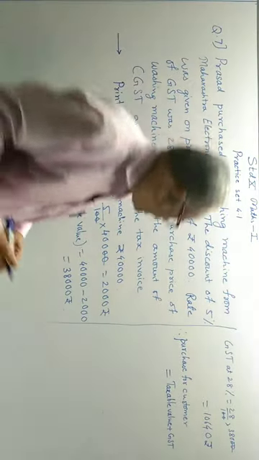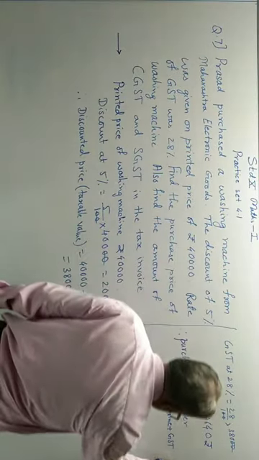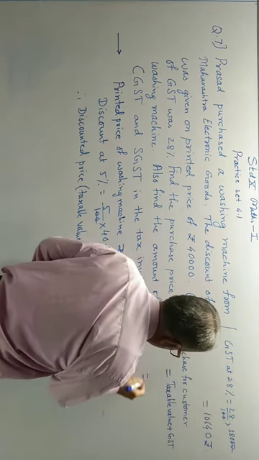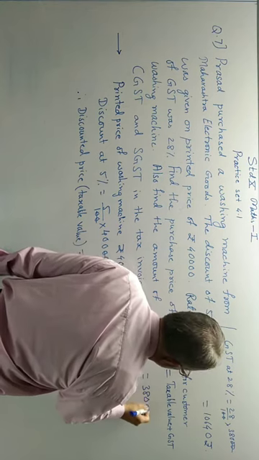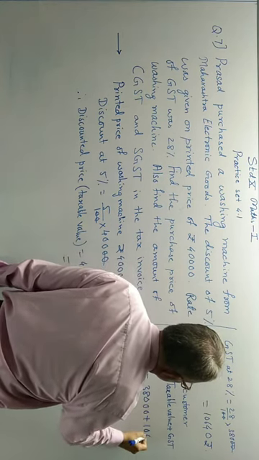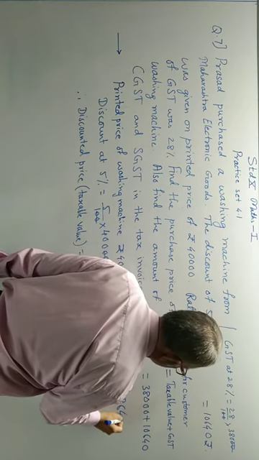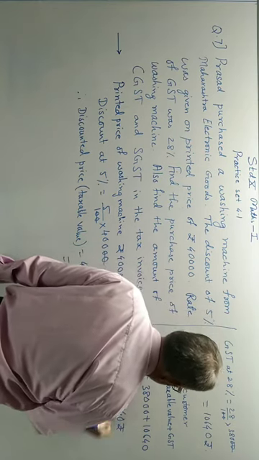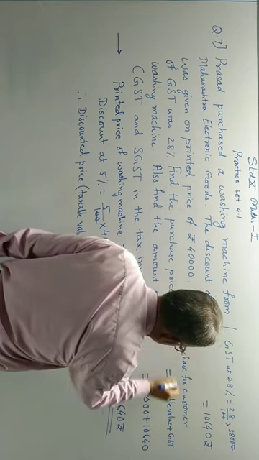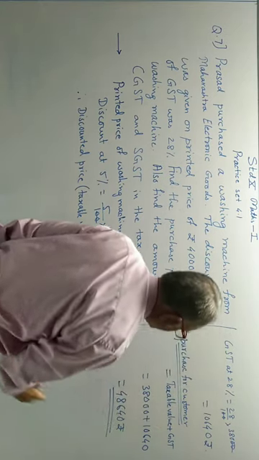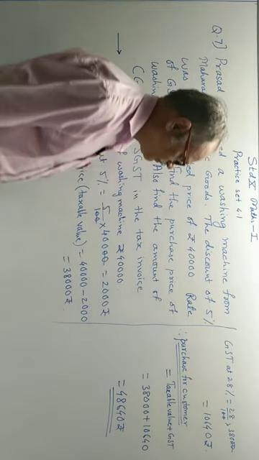Now we have to add 38,000 plus 10,640. So it is 48,640 rupees, the price for the customer. Purchase price for the customer is 48,640 rupees.